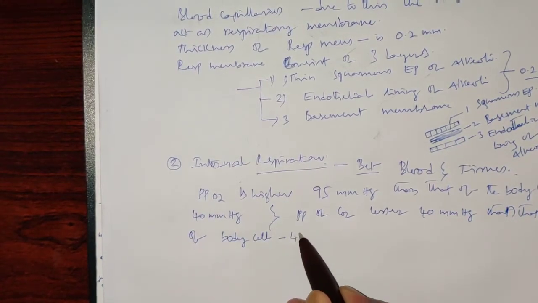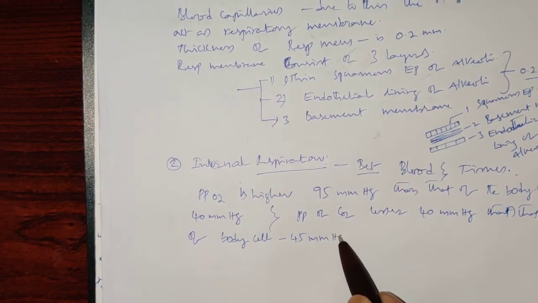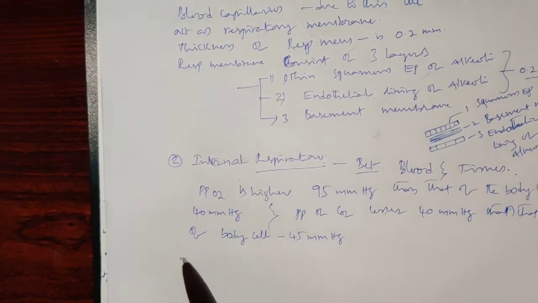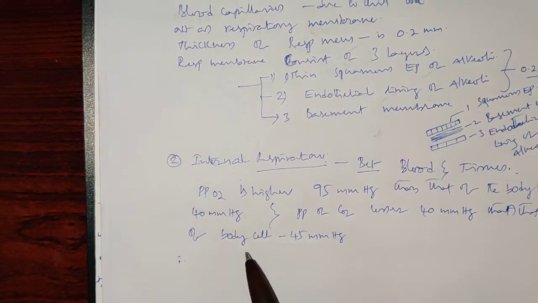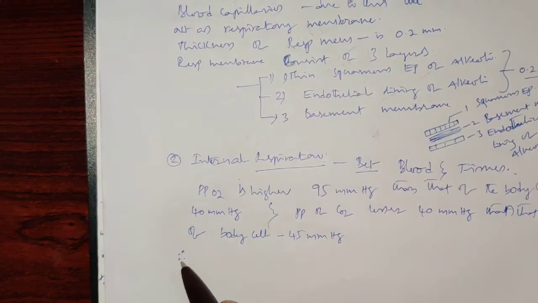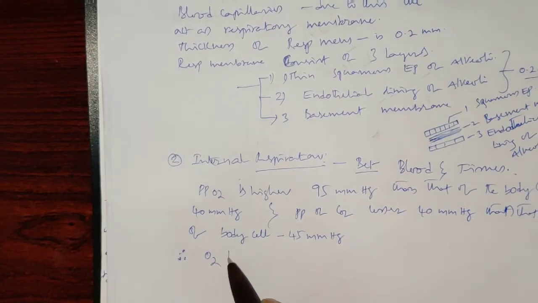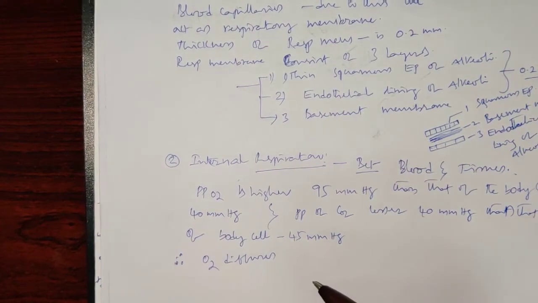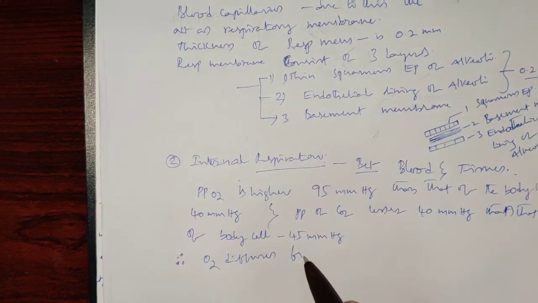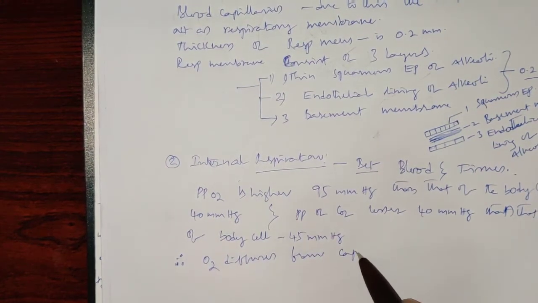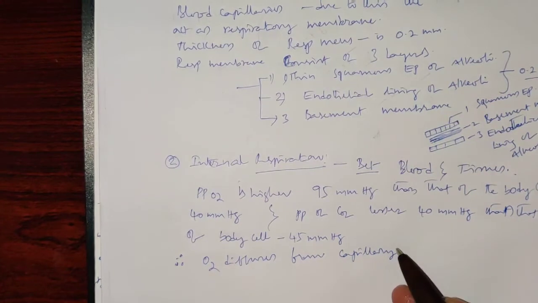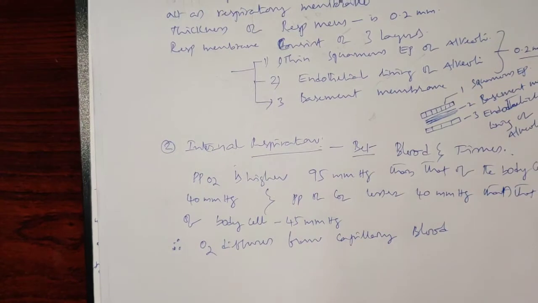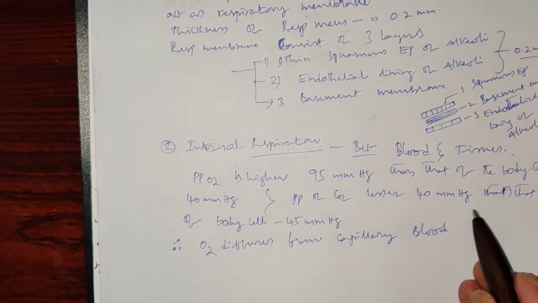Body cells have 45 mm of mercury. Therefore, the oxygen diffuses from the capillary blood to the body cells.